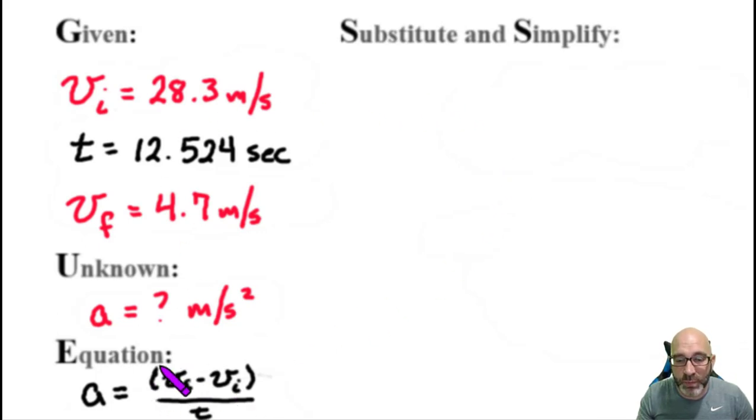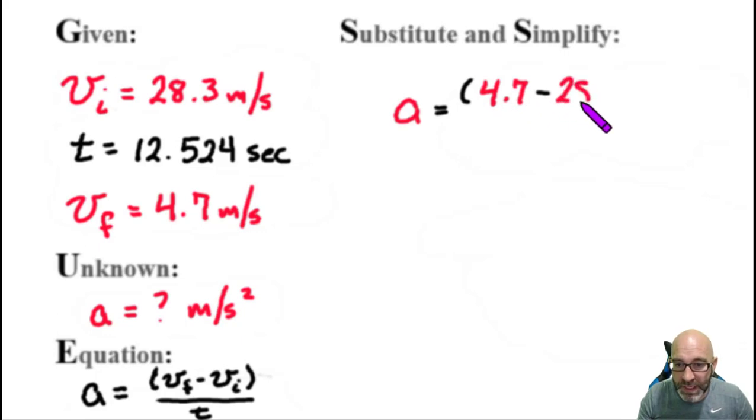So now if I replace letters with numbers, I don't know what acceleration is, but I do know that it equals my velocity final, which is 4.7 meters per second, minus my initial velocity, which was 28.3 meters per second.